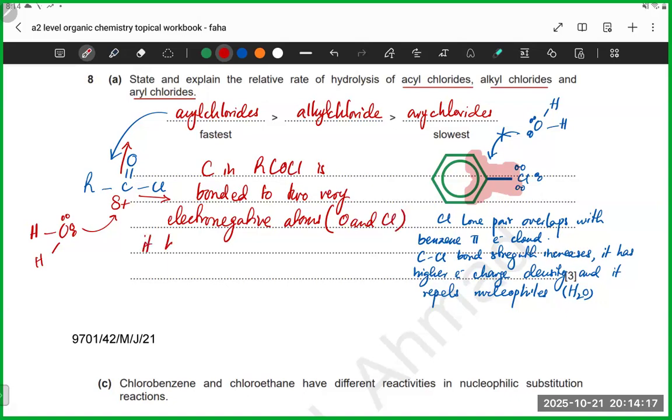So it has large partial positive charge density, and it attracts nucleophiles very strongly.